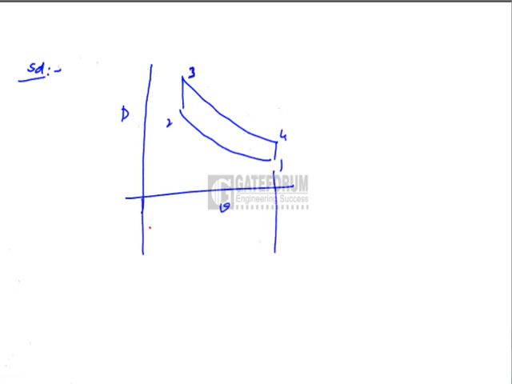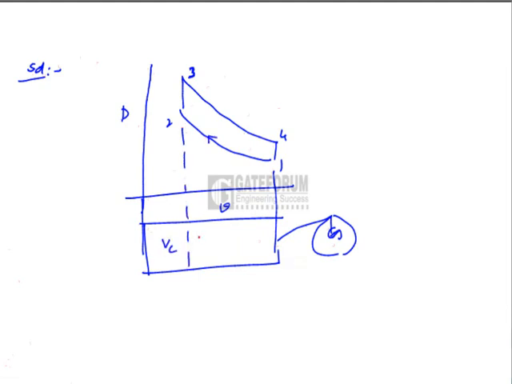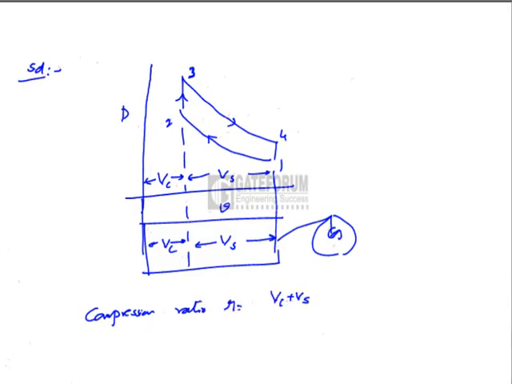Parallel to this cycle, if you draw an engine operating on the Otto cycle, this is Vc, this is Vs. Now the compression ratio R is obtained as Vc plus Vs by Vc, that is V1 by V2.